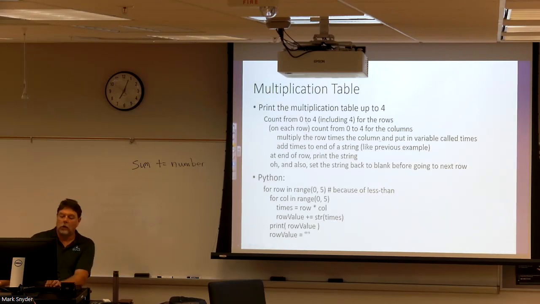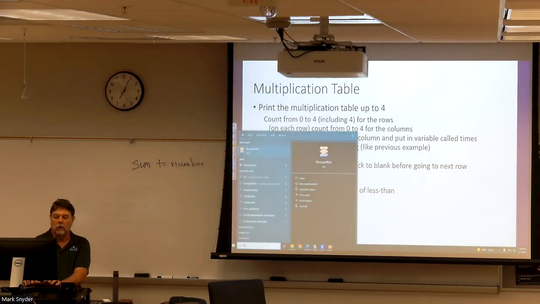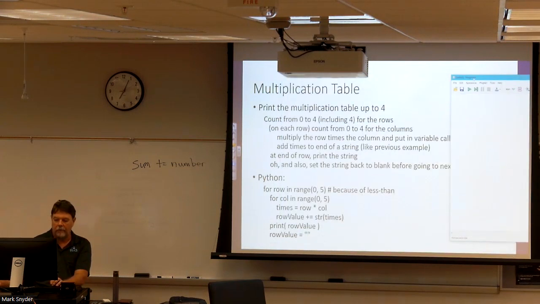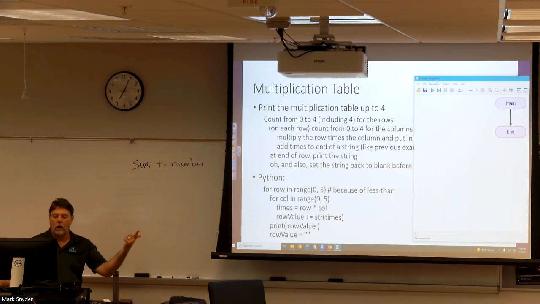Okay. What do we want to see here? See the flow chart? This is very similar. Well, no, I guess it's not. This is the first nested counted loop example that we've done. So let's go ahead and create the flow chart for it. Okay, how many variables do I have? Row, column, times, those are all integers, and then row value.